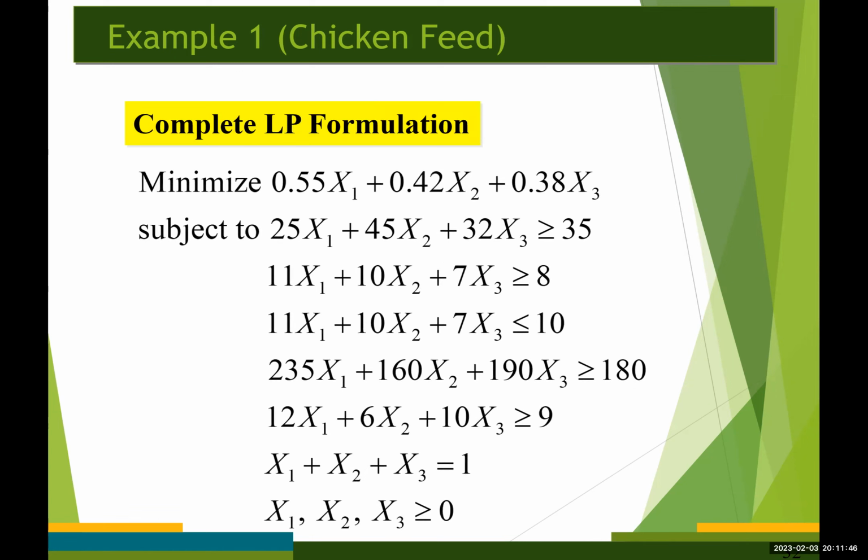So the objective function is to minimize the total cost, right? And we have a series of constraints, right? Protein constraint and fat constraint, vitamins A, B constraints, total weight of mixture constraint and sign restriction, right? Altogether, this is the complete LP model.